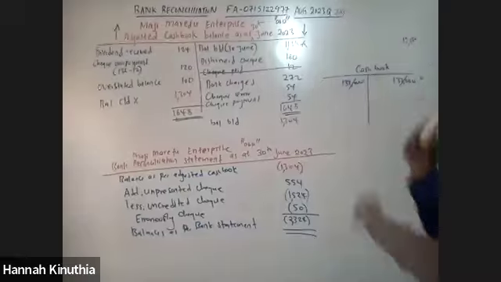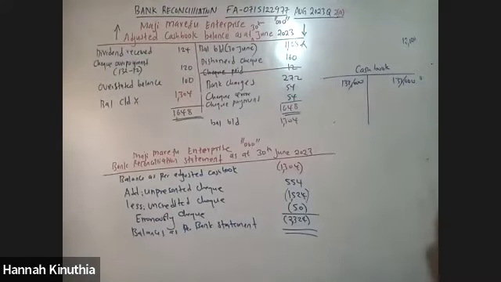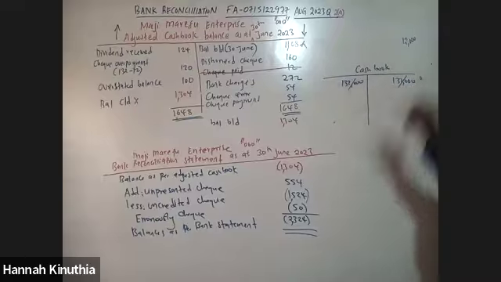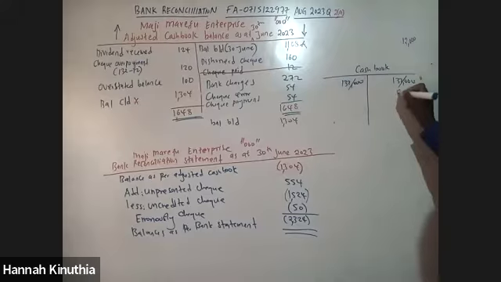Itakuwa ina make sense? So hii 132 tulikuwa tumeweka huku, haifai kuwa 132. Inafaa kuwa 12,000. So hii 132 tumeweka huku tuweke side as 132 to cancel out, alafu tuweke hapa 12,000. Tutakuwa tumeongea ukweli? Yes?